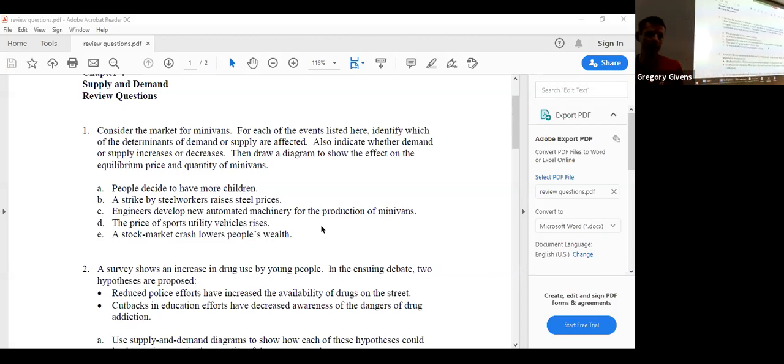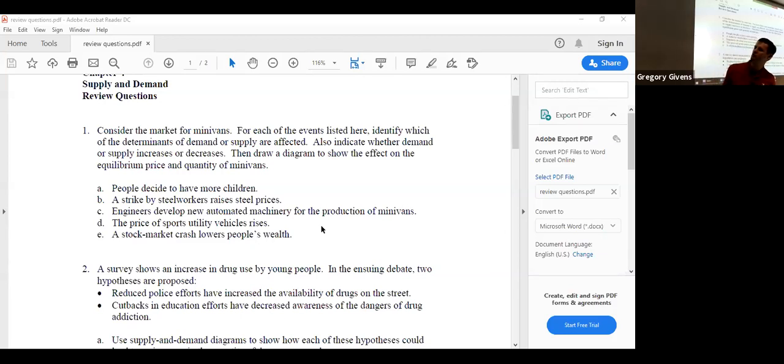And so steel prices rise. So the cost of producing minivans is going to go up. And we saw that input prices are a big influencer of the market supply curve. If input prices rise, the market supply schedule will shift back to the left. And that, Matt, should lower quantities and raise prices, right?